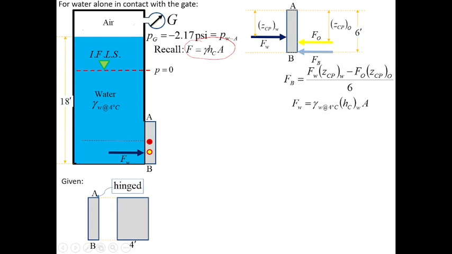So we consider this the centroid of the gate. Okay, and this is now the distance between the imaginary free liquid surface and the centroid of the gate, which we call HCW.